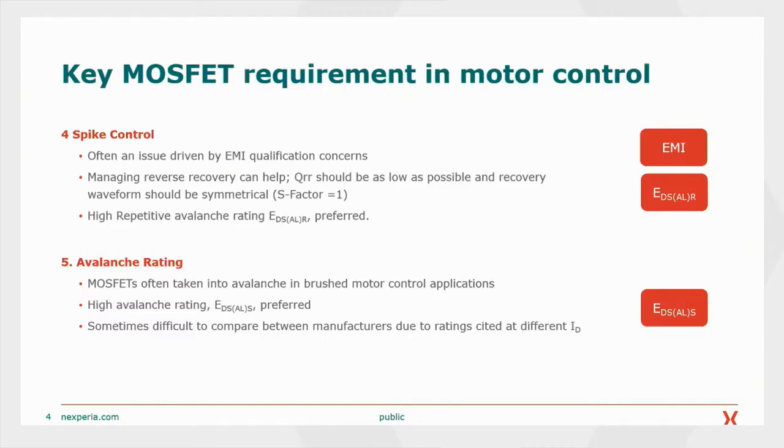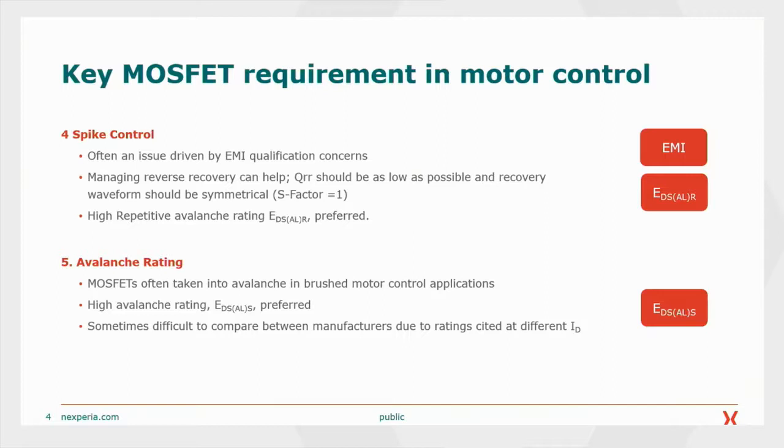Spike control. It is perhaps inevitable to have spikes in your application or design. What we tend to do with our MOSFETs is to control the switching so that the switching is nice and smooth, avoiding any spikes. We tackle this on two major fronts.